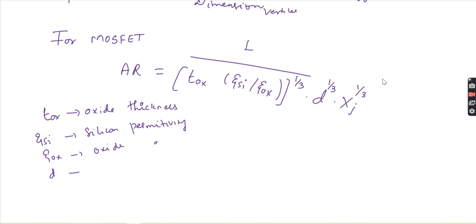T is the depletion depth. And xj is the junction depth.